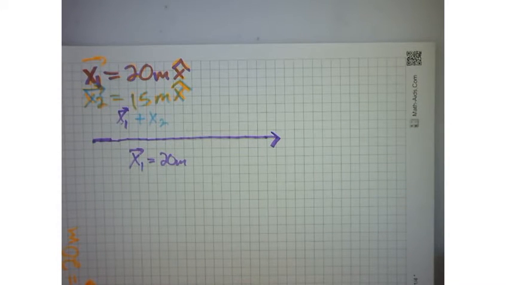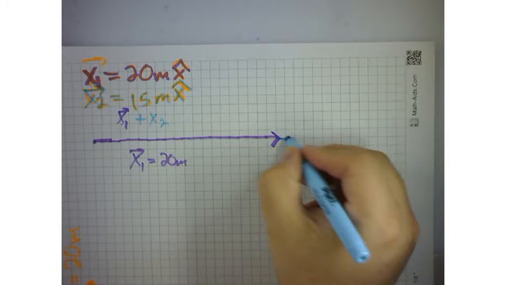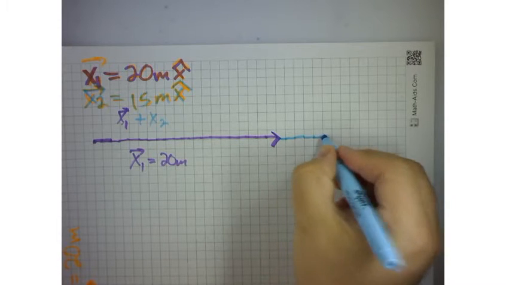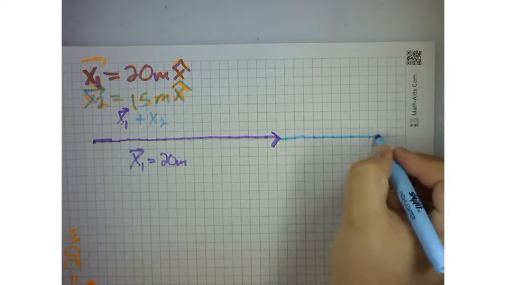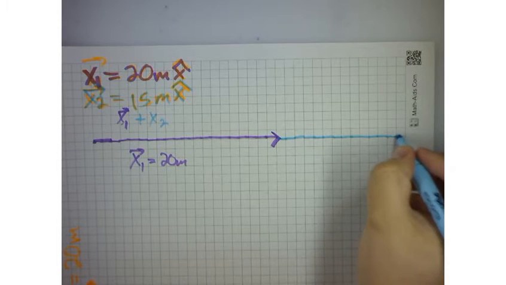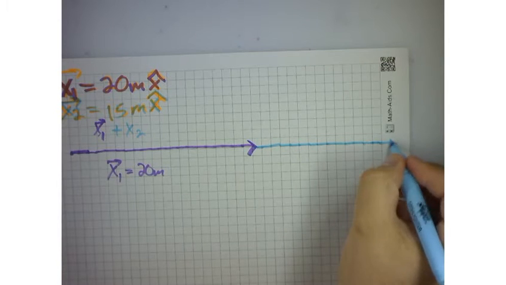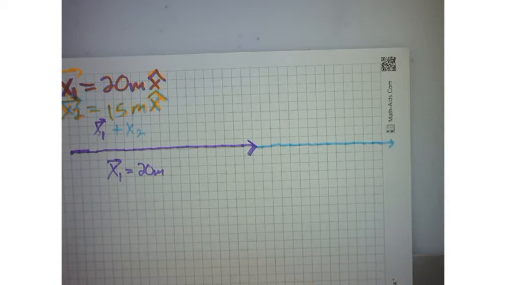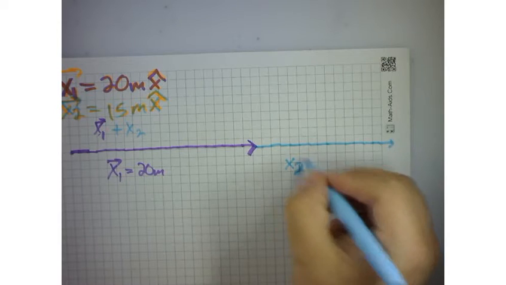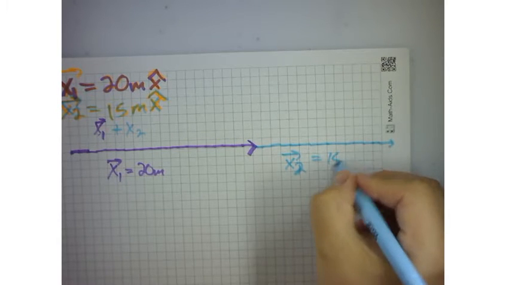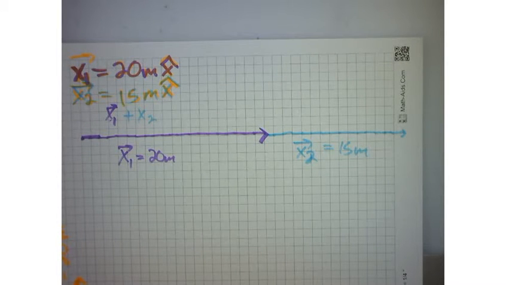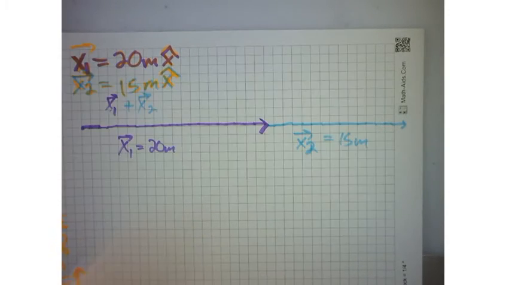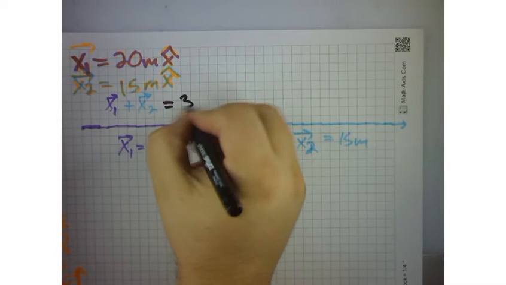And then I'm going to do x2, which is 1, 2, 3, 4, 5, 6, 7, 8, 9, 10, 11, 12, 13, 14, and then 15 is this little guy there. So that will be 15. Now if you add all those up, what would you expect that to equal? 35, right? I'm not going to count 35. It's fairly clear that this is equal to 35.